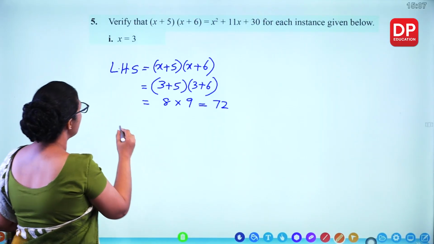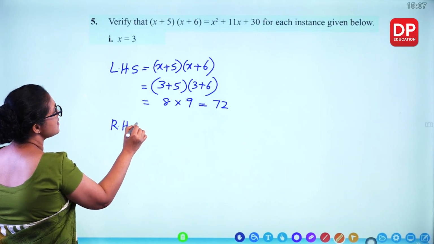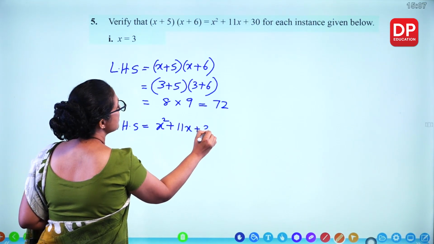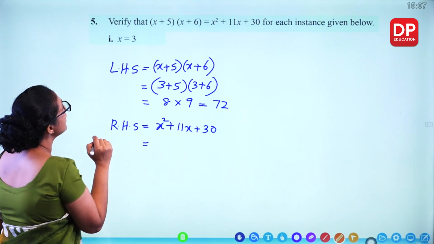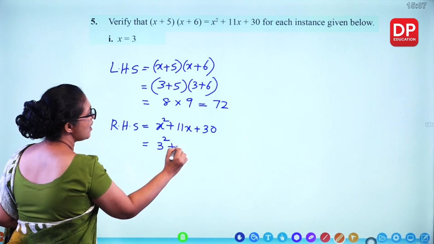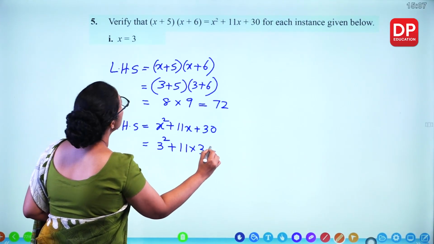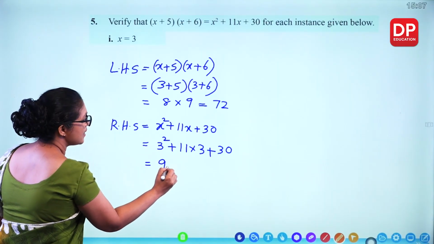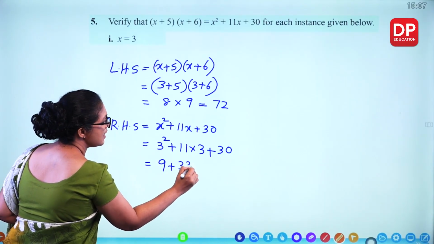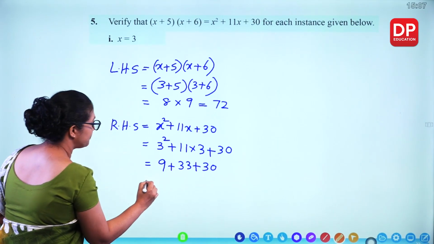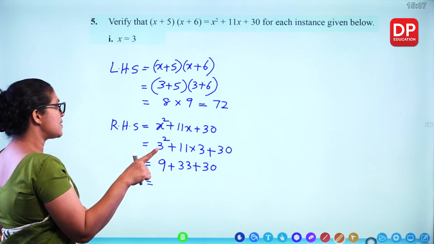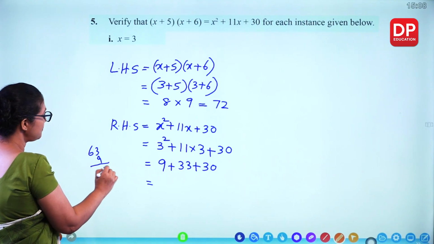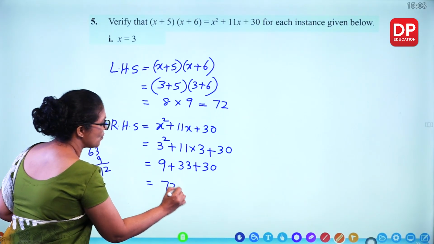The next one, right hand side. Right hand side is x squared plus 11x plus 30. Substitute x equals 3. 3 squared plus 11 times 3 plus 30. 3 squared is 9. 11 into 3, 33 plus 30. 33 plus 30, 63. 63 plus 9, you get 72.